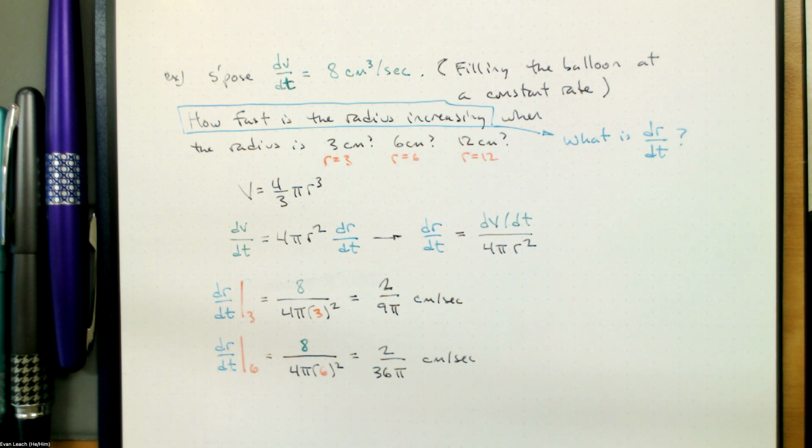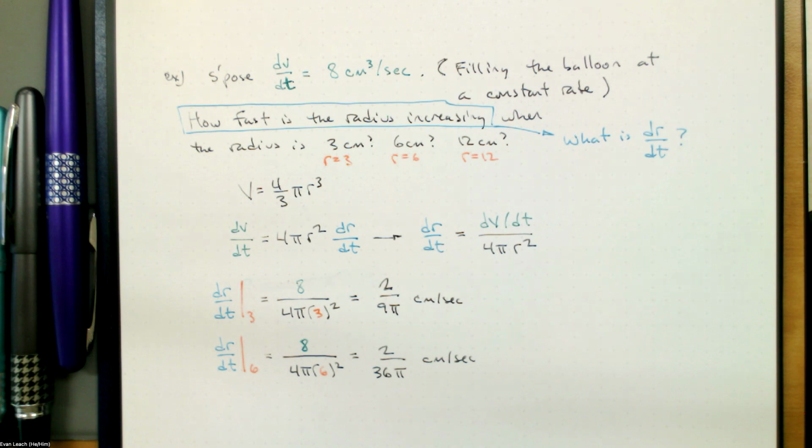So we notice that we're looking at how the rate changes for different values of the radius.